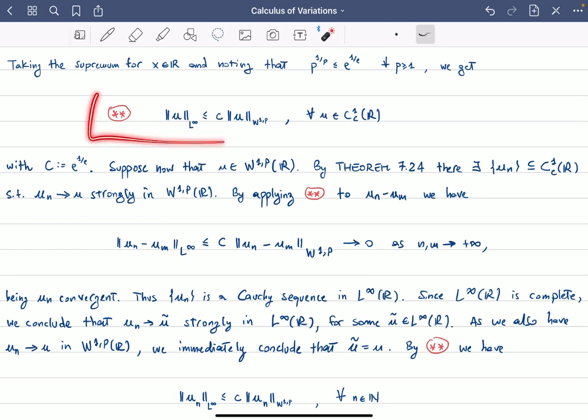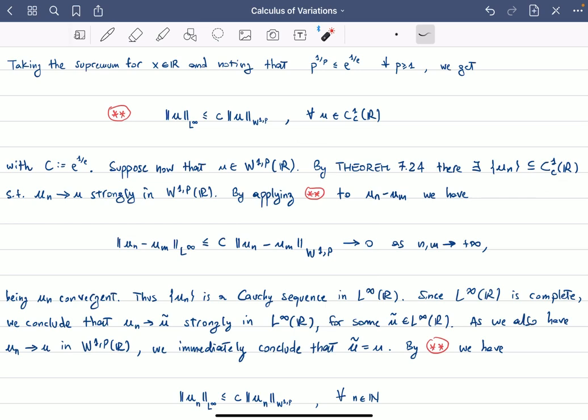By applying this one to u_n minus u_m, you get that the L infinity norm of u_n minus u_m is less or equal than C times the W^{1,p} norm of u_n minus u_m. And you get this because u_n and u_m are C^1_c, so you can use this estimate here.